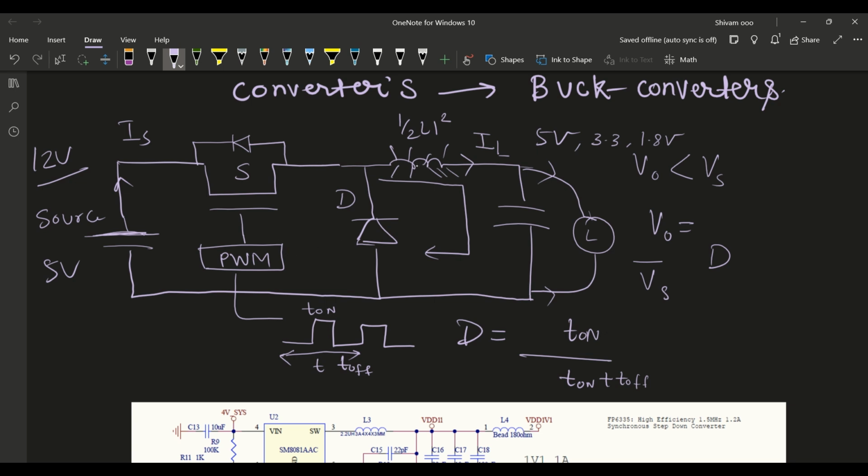All we have to do is put an inductor, a capacitor, and some input filtering caps.